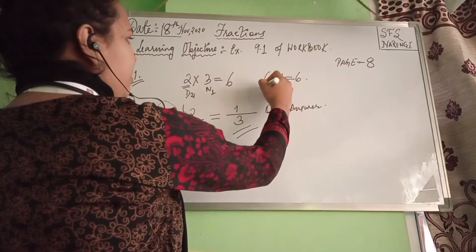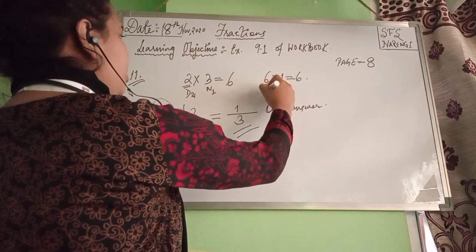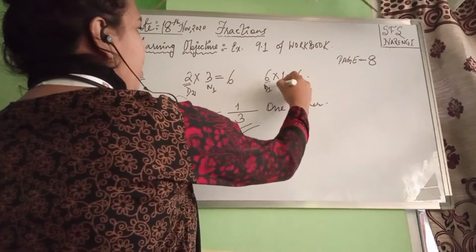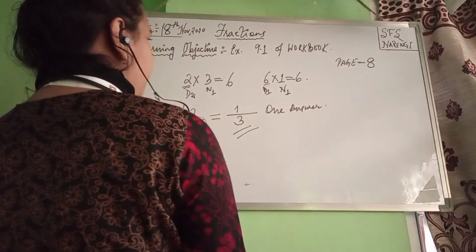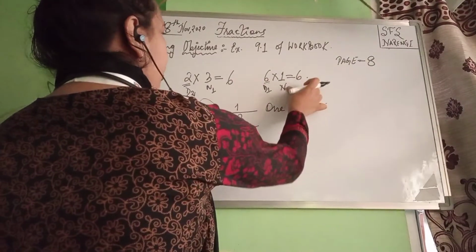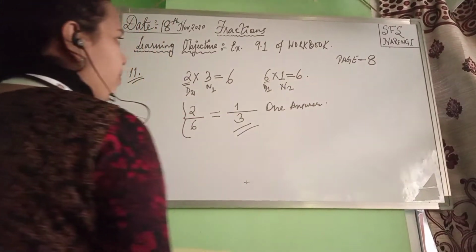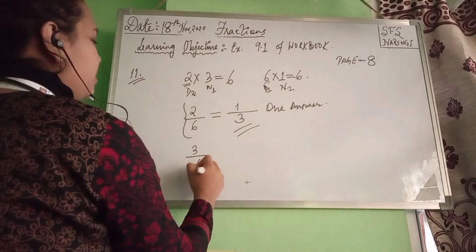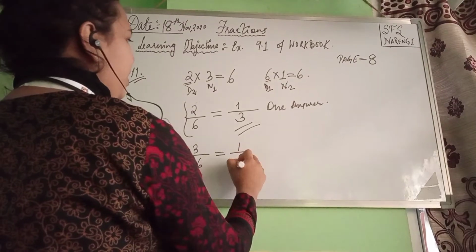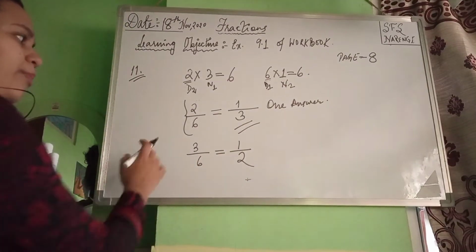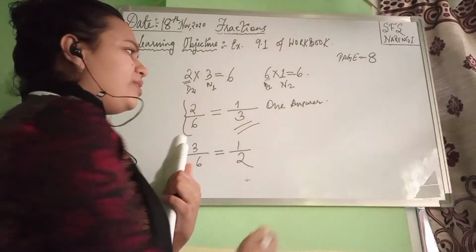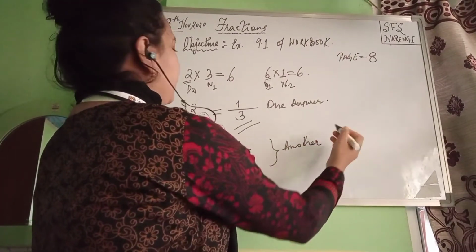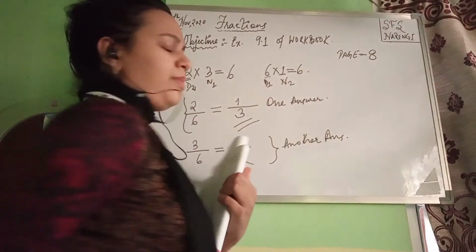You can put 6 as the denominator of the first fraction and 1 as the numerator of the second fraction. Then you will get 3 by 6 equal to 1 by 2. Both of them are equivalent again. So there are many different answers that you can give for question number 11. All right, children.